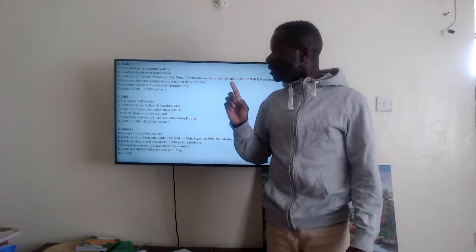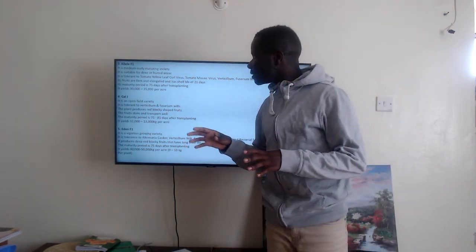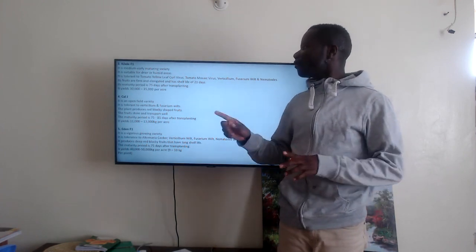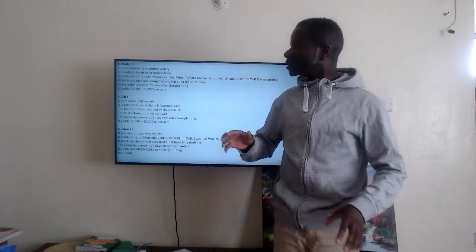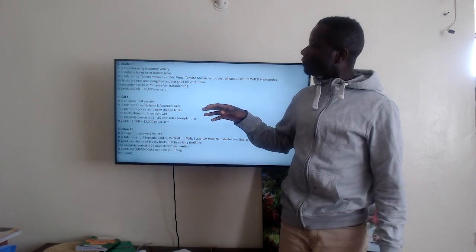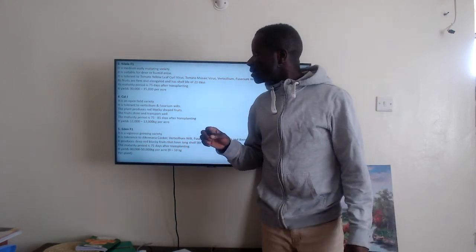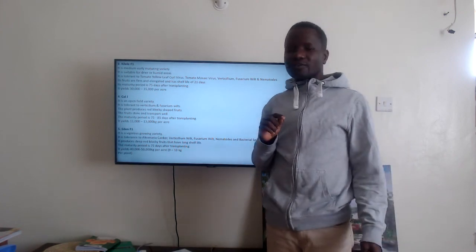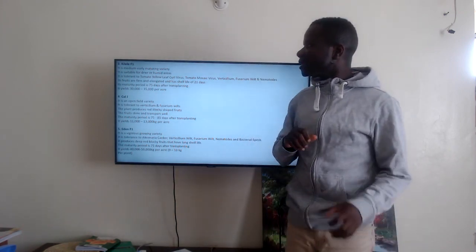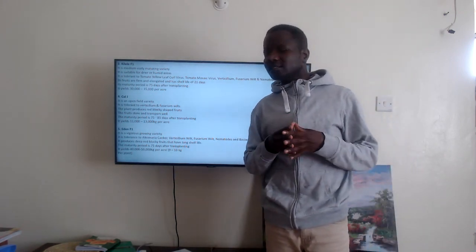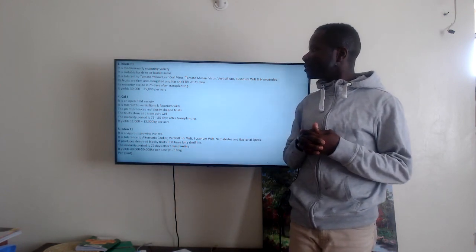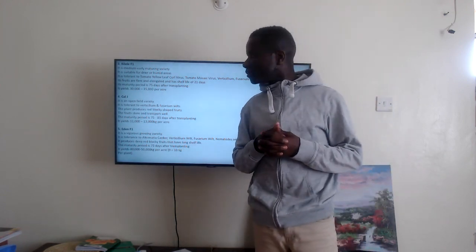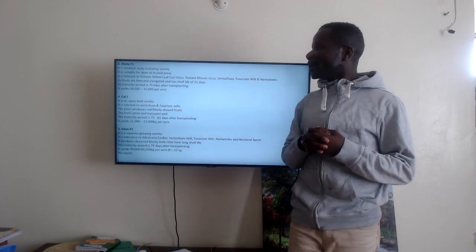Its fruits are firm and elongated and have a shelf life of 21 days. This Kilele variety of tomato, its maturity period is 75 days after transplanting. It yields between 30,000 and 35,000 kilograms per hectare.